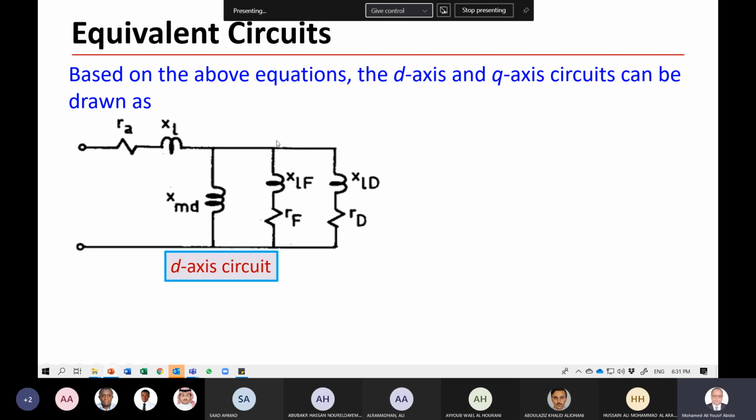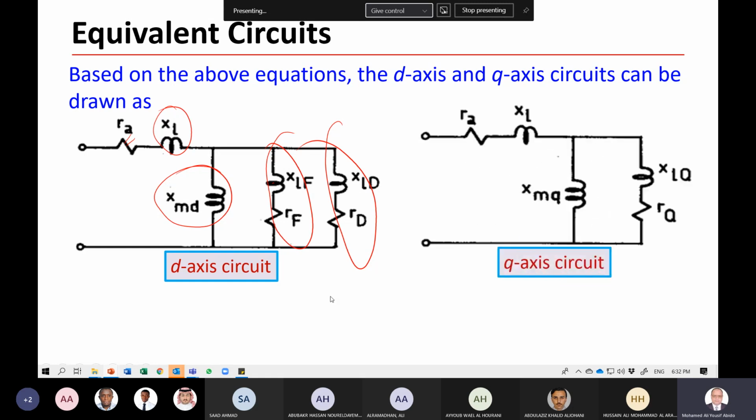You have here the field winding, and this is the damper winding, and this is the mutual between the direct axis inductance, and this is the leakage reactance of the stator, and this is the resistance of the stator. So these are the three circuits of the direct axis.